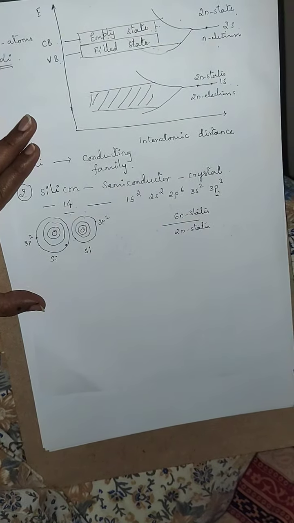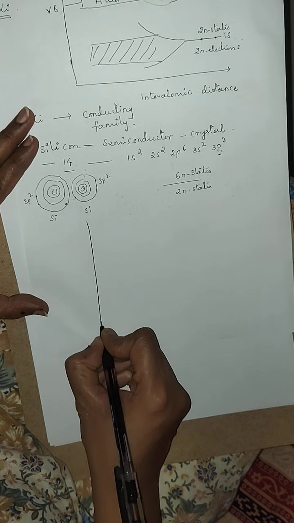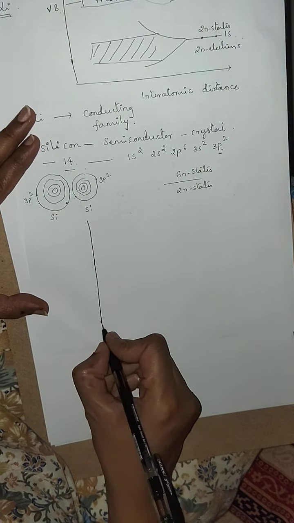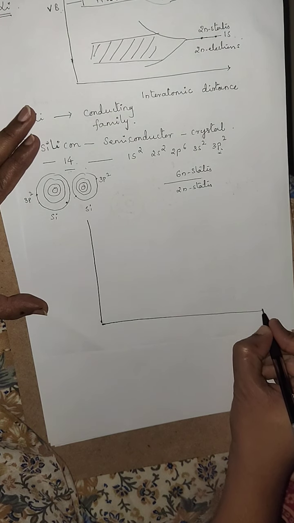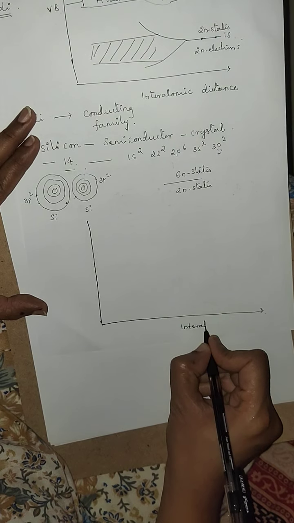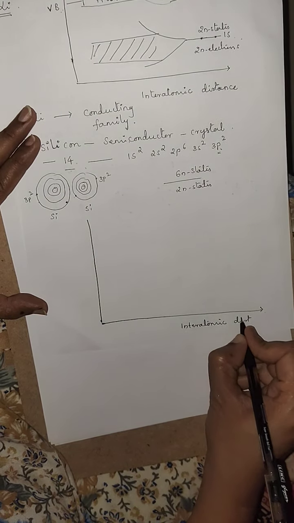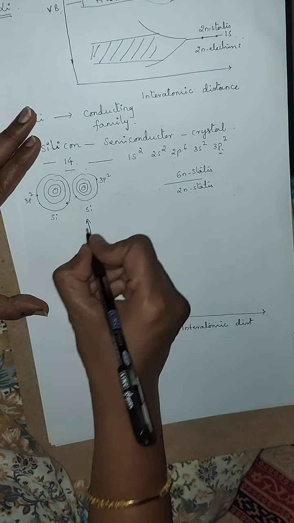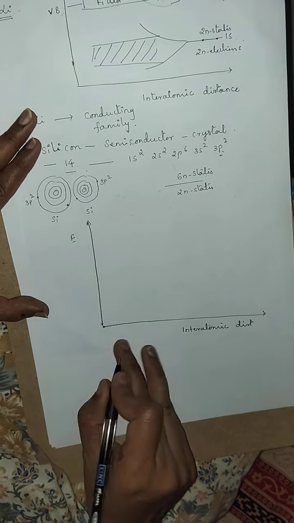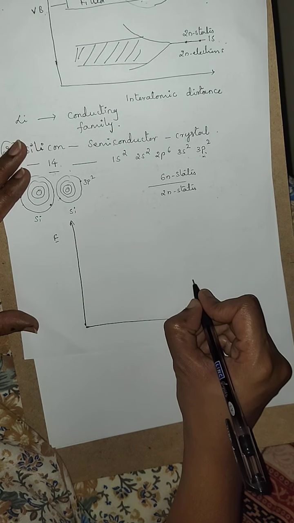So if I draw the energy level diagram in case of silicon as we did in case of lithium, let's take along the x-axis the interatomic distance, and along the y-axis the energy. Let's take 3s here.